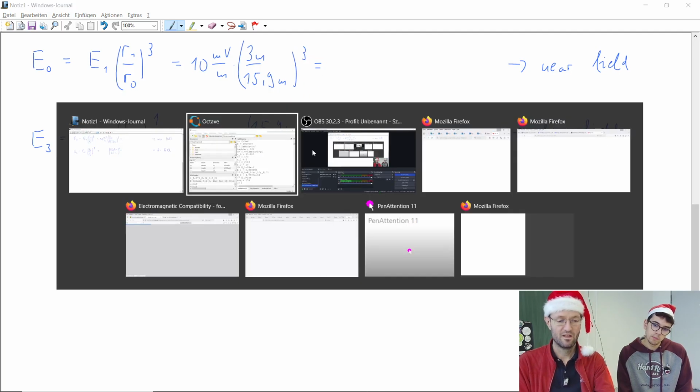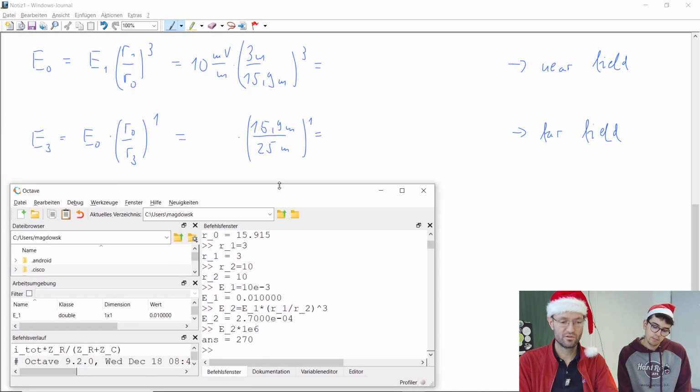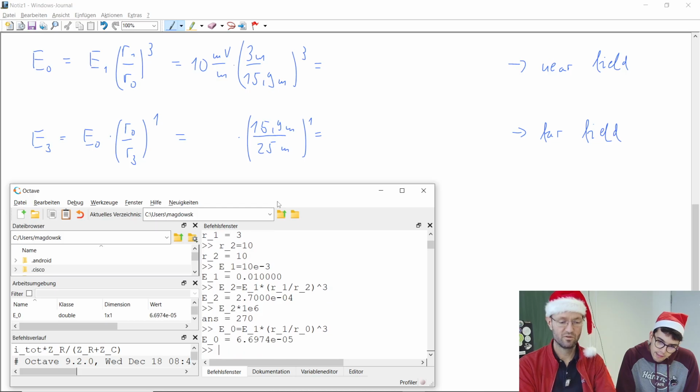Okay, so now I will go back to Octave, adjust the screen size here a little bit, and we can calculate E0, the electric field strength at the transition distance, from E1 multiplied with R1 divided by R0. I should have just copied the formula from above, but it's the same formula.